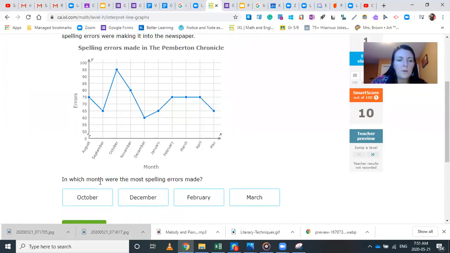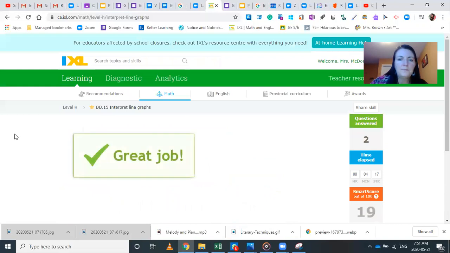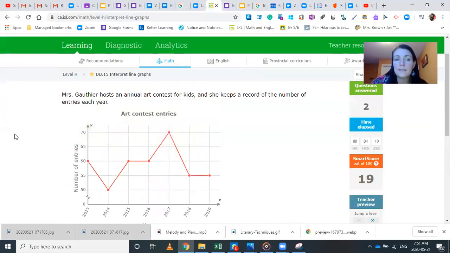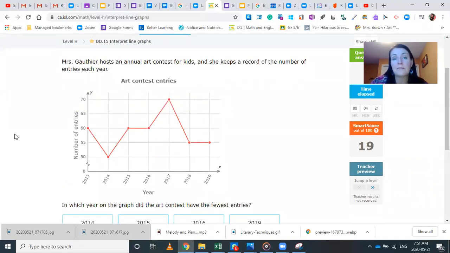So here's the question: in which month were the most spelling errors made? You look at the top of the graph, the most one is at 95. Which month was that? We look straight down, it was October. And this has apparently been edited, revised, and proofread anyway, and then still 95 spelling errors got through.